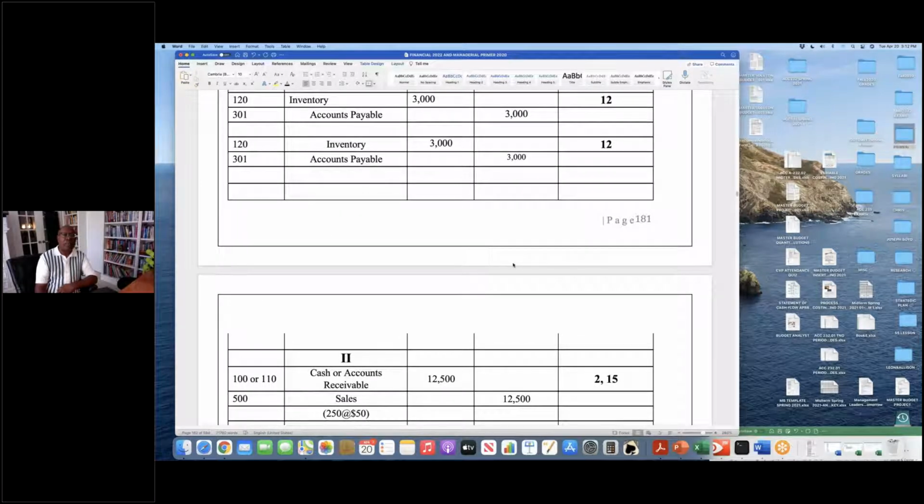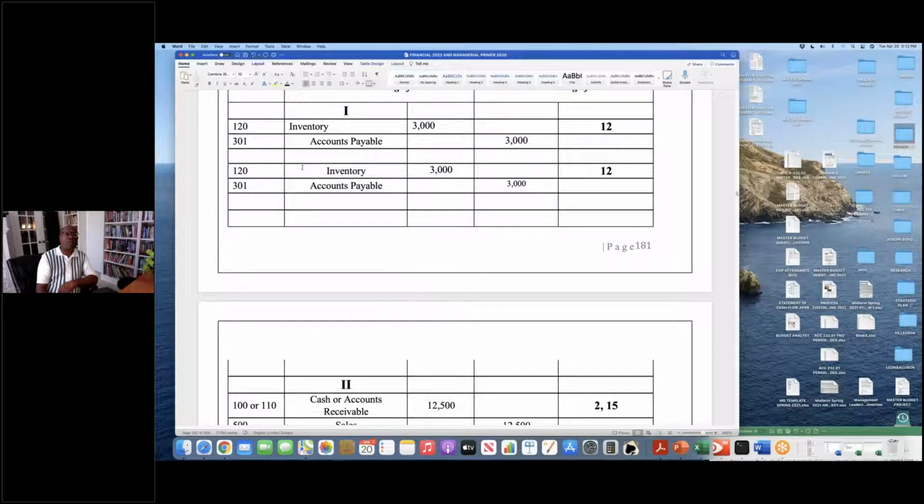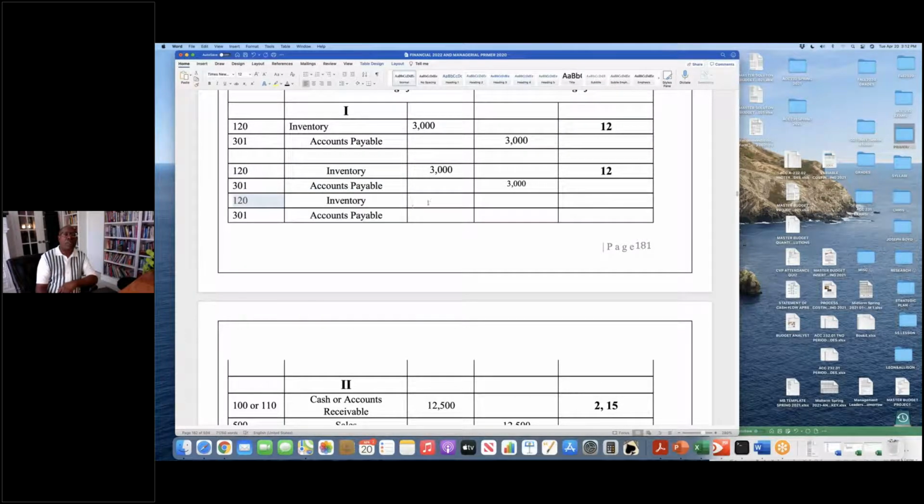So we got another purchase now for 5,000.